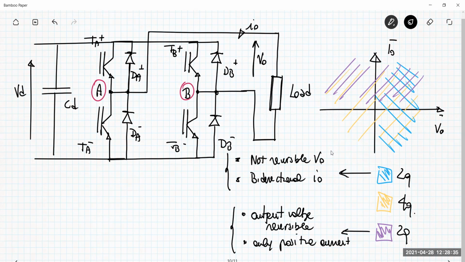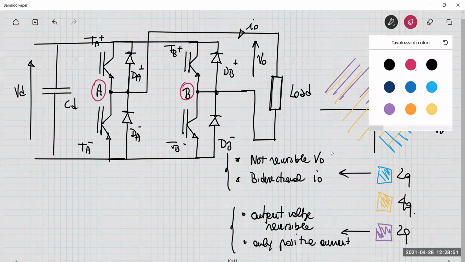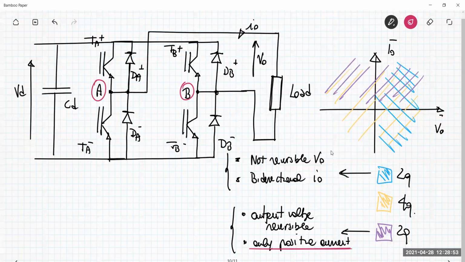So I can use this 4 quadrant converter here, modifying something in order to get this 2 quadrant converter. Since I want to get only positive current, I can eliminate all the devices that in their operation are not able to conduct a positive current.